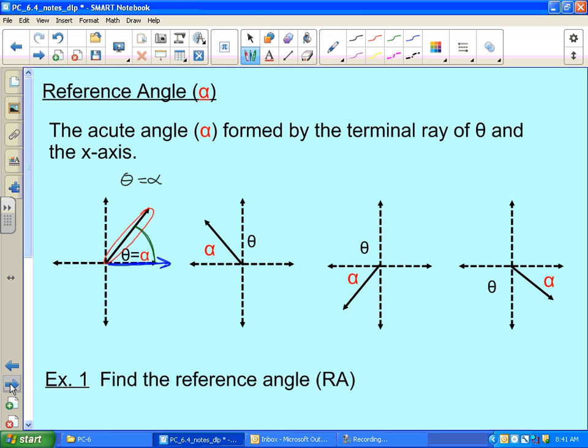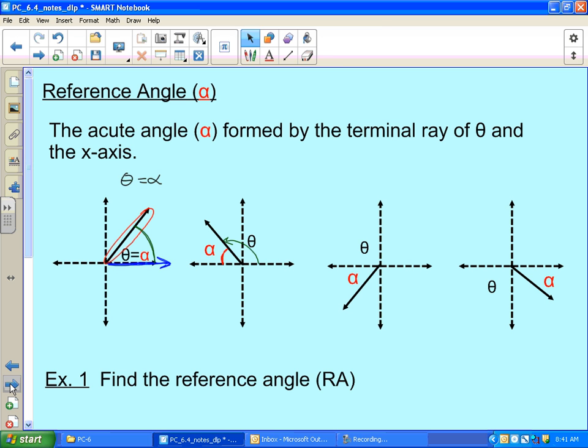So now what we've done is we turned an angle theta from 0, and you'll see that we've been left with an angle that measures from the x-axis back to that terminal ray. There's our alpha. And how would we find the alpha if we knew what theta was?